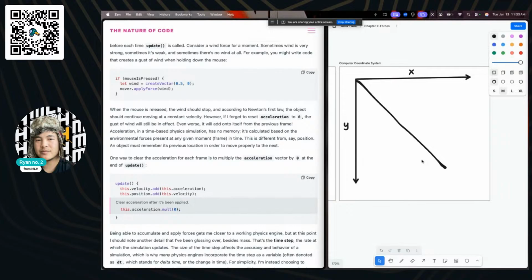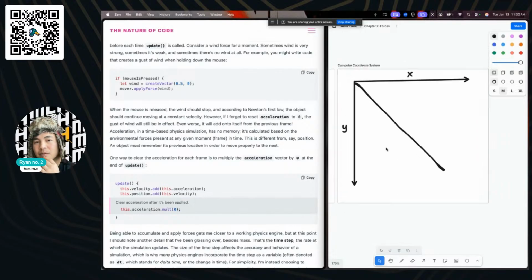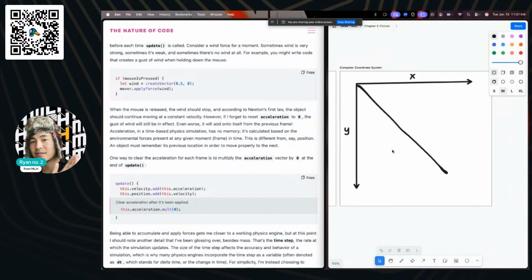However, the way that computer coordinate systems work, at least in the context of P5, is that the y is flipped in this direction.